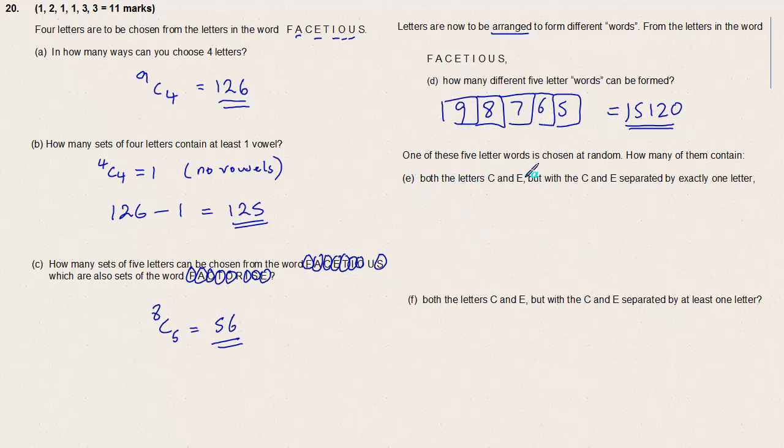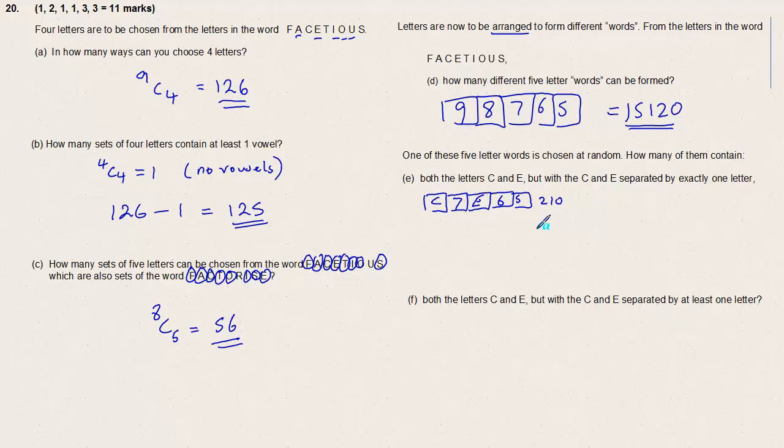One of these 5-letter words is chosen at random. How many of them contain both the letters C and E, but with the C and E separated by exactly 1 letter? So what we could have is the C in here, so that's just 1 choice. Then the E here, so they're separated by 1 letter. Then there's 7 choices that can go here because we've already taken the C and the E from the 9. 6 and then 5.